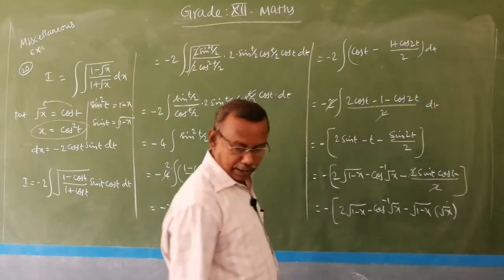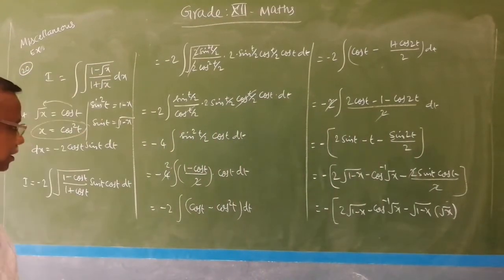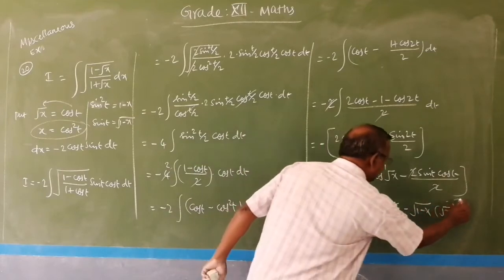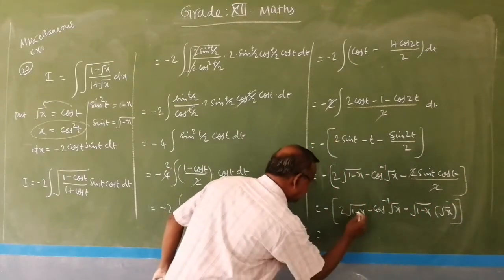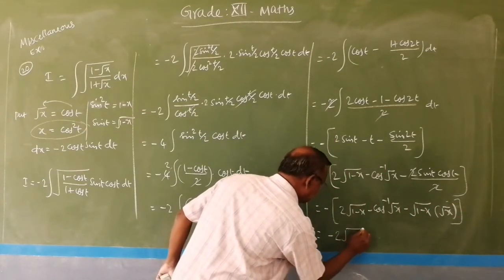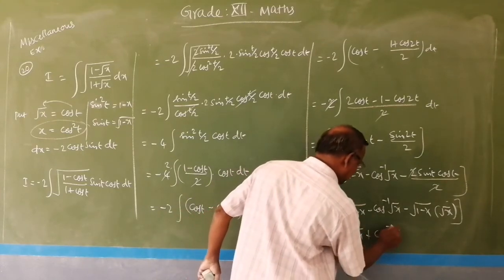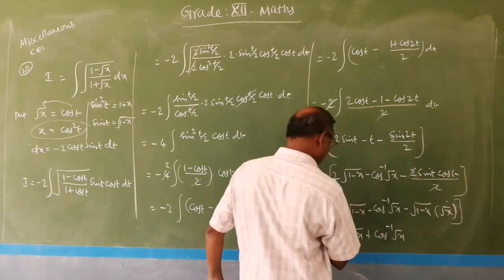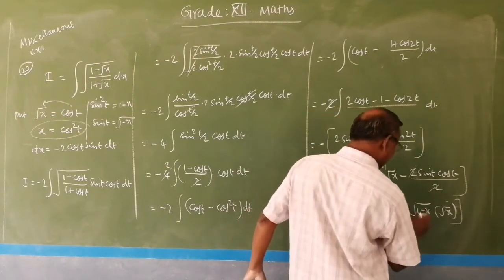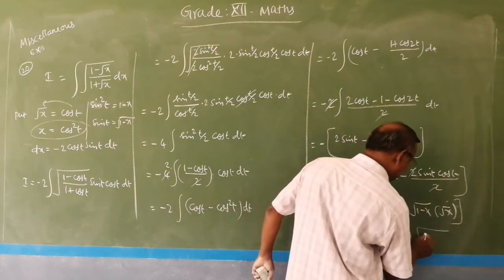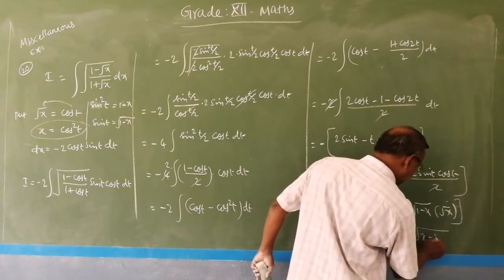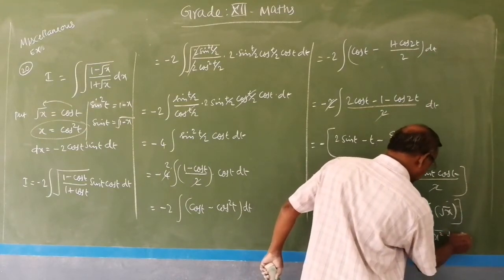So, we can write this answer as minus 2 root of 1 minus x, minus into minus plus cos inverse of root x, again minus into minus plus. So, bring the root x here, that is root of (x minus x square) plus c.